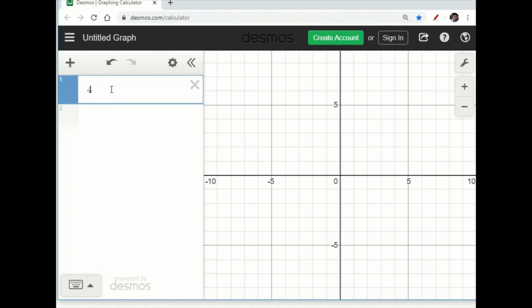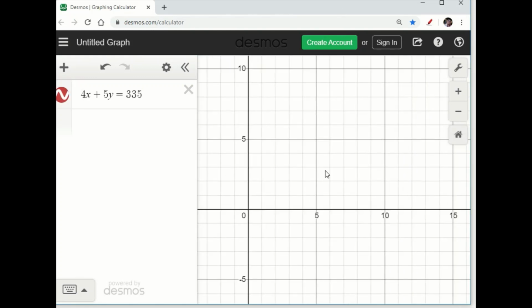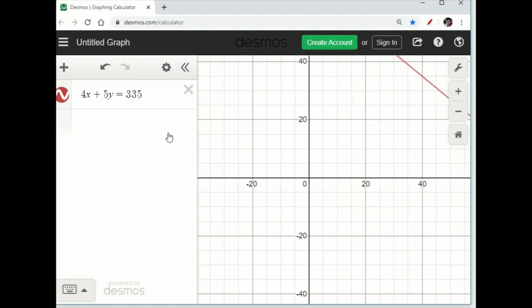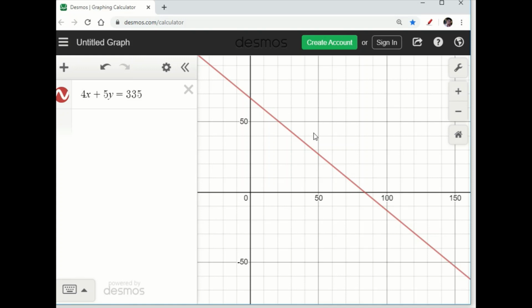From what we have just now, we have 4a, so I'm going to write 4x plus 5y equals 335. Now we have an equation here, which represents 4x plus 5y equals 335.